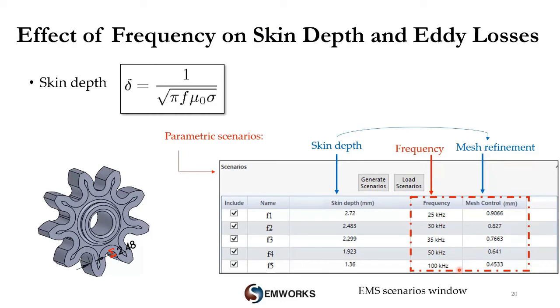And automatically it affects the skin depth according to the skin depth expression. So when the frequency gets higher, more fine mesh elements across the skin depths are needed, which could be easily controlled by mesh refinement parameterization for the skin depth variable, as it is an automated process in EMS.